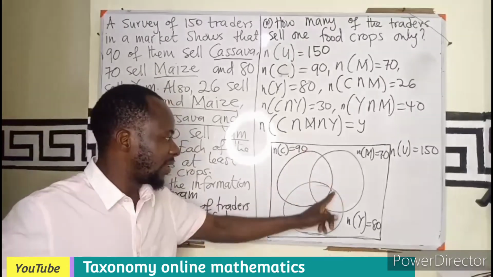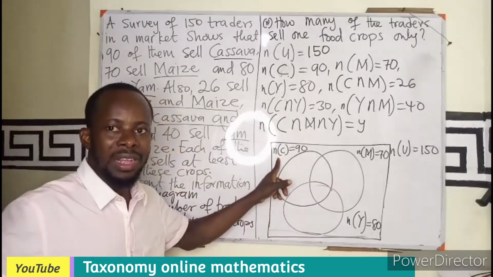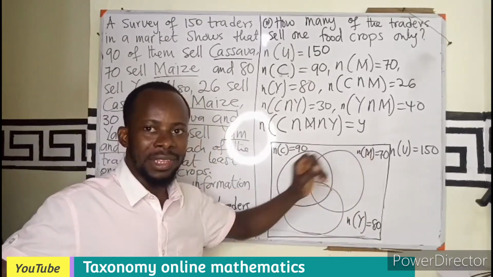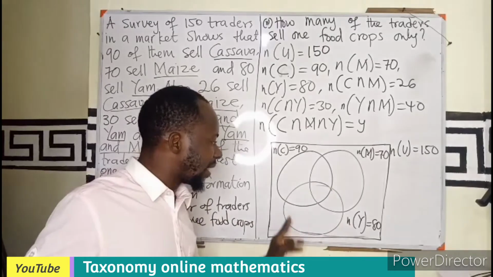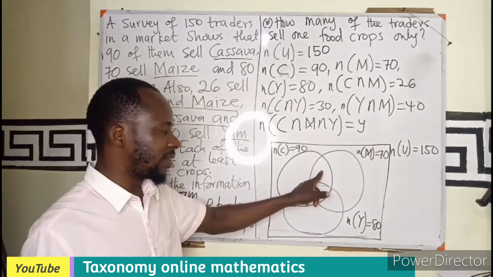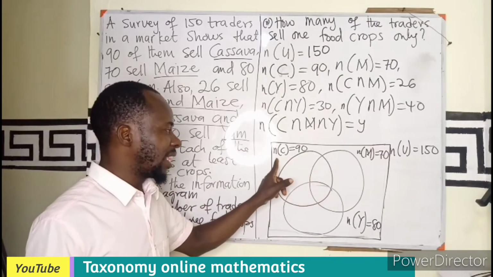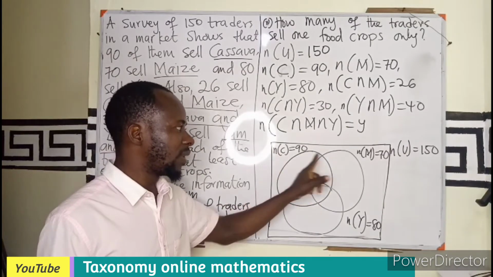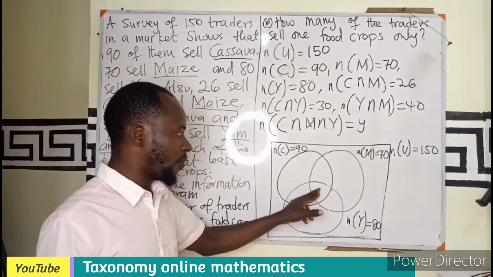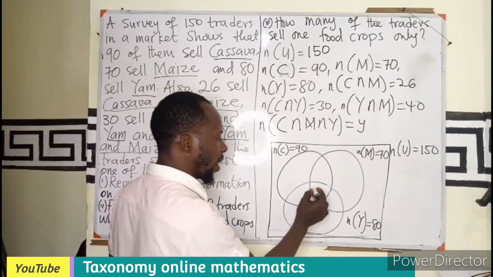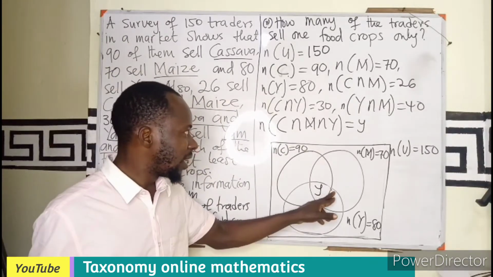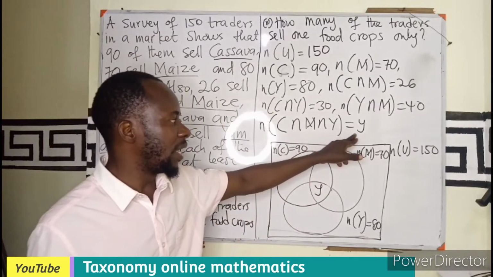The first set is for cassava traders, the second set is for maize traders, then the third set is for yam traders. Now don't forget this region is for the intersection between this and this only. So this is for all of them. So I'll begin with that one to be what? Y.